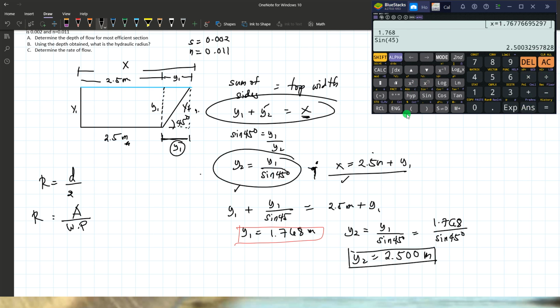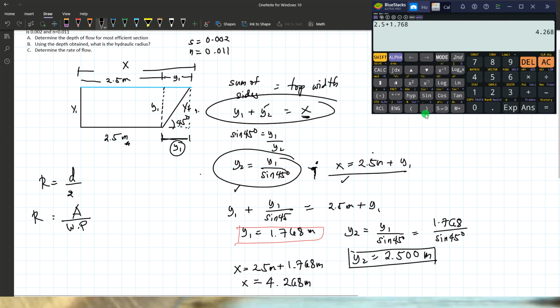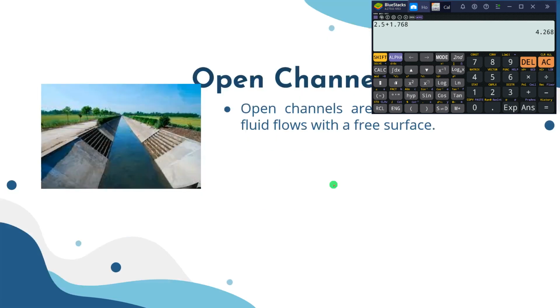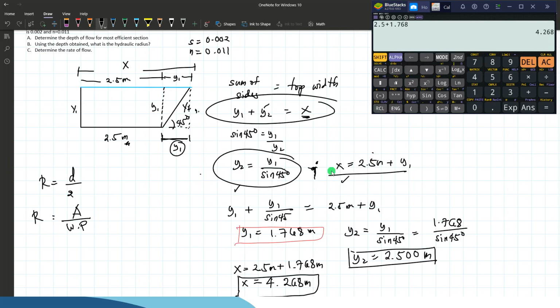So it means that x is 2.5 plus 1.768, so x is 2.5 plus 1.768, 4.268 meters. This is the answer for x.